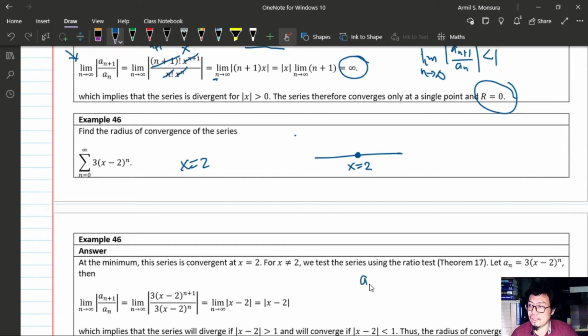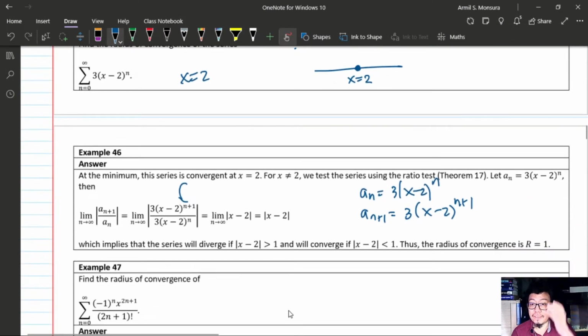We let a n as 3 times x minus 2 raised to n. So its succeeding term is 3 times x minus 2 raised to n plus 1. So we'll take the ratio, evaluate the limit, and see that its limit is the absolute value of x minus 2. So it implies that your limit is a finite number.